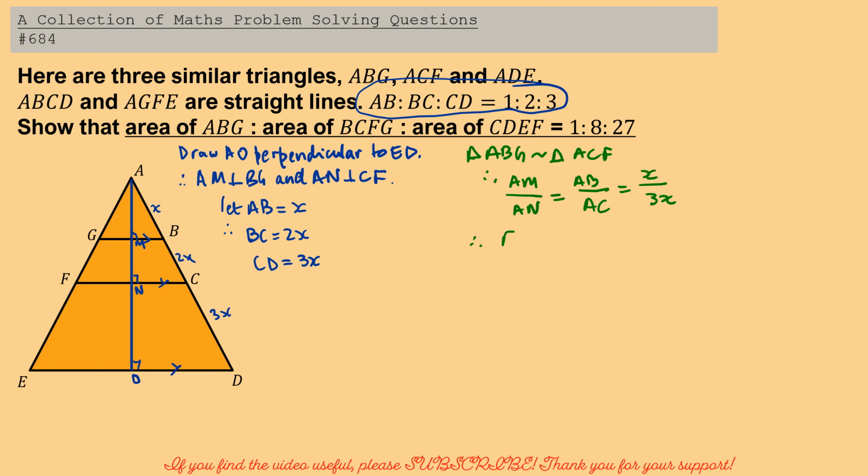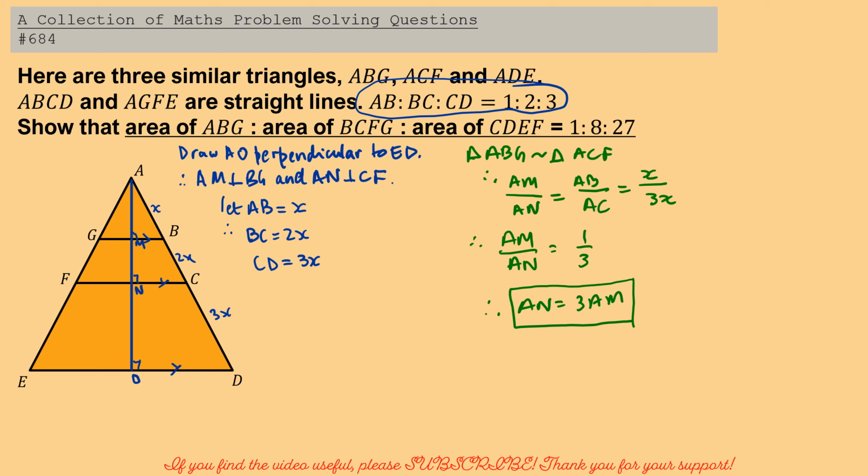So therefore AM out of AN equals 1 out of 3, and therefore AN equals 3AM, right? AN is 3AM. Okay, so then the next bit is we have the height sorted.